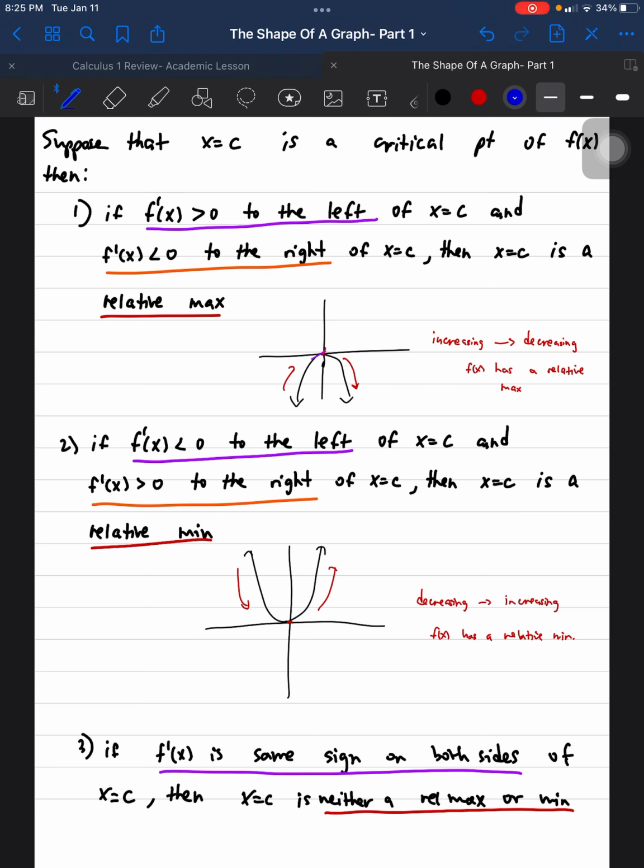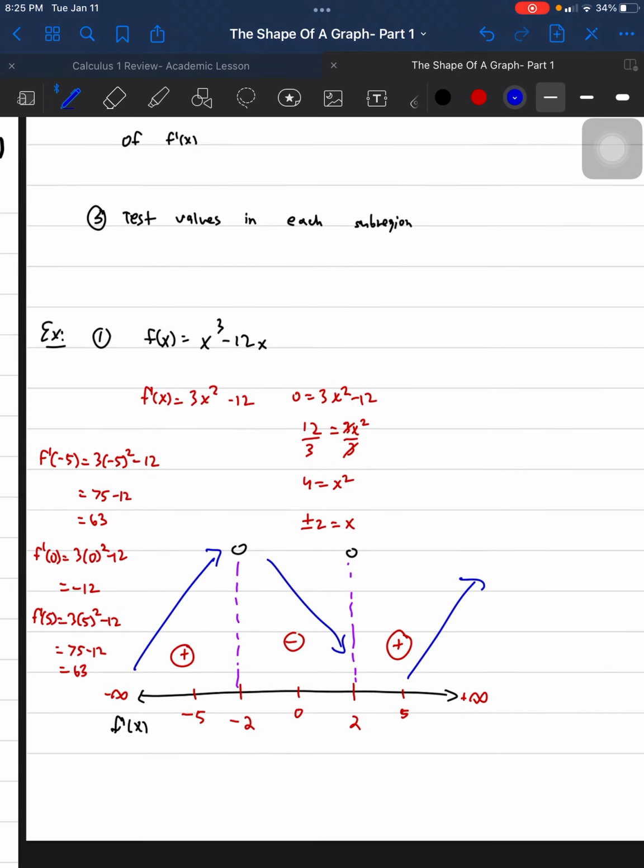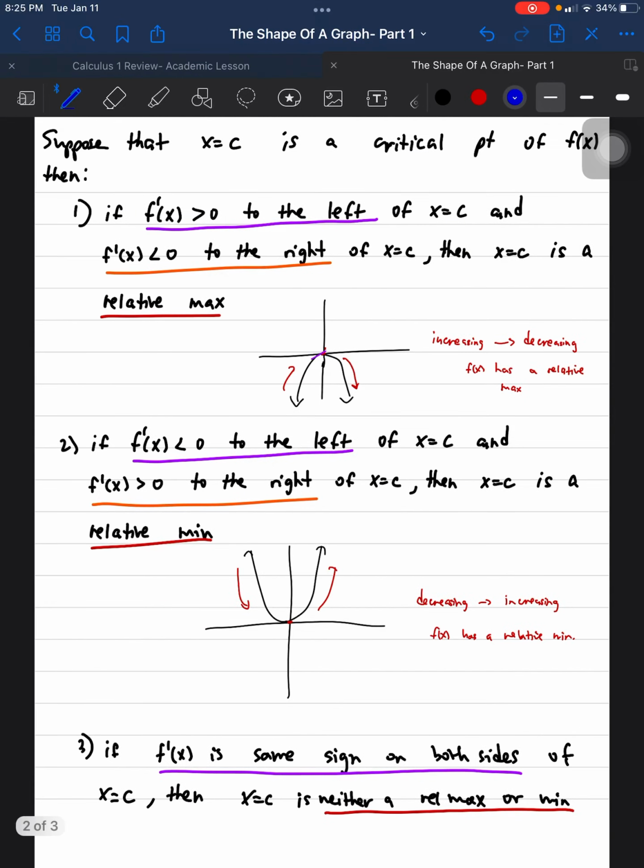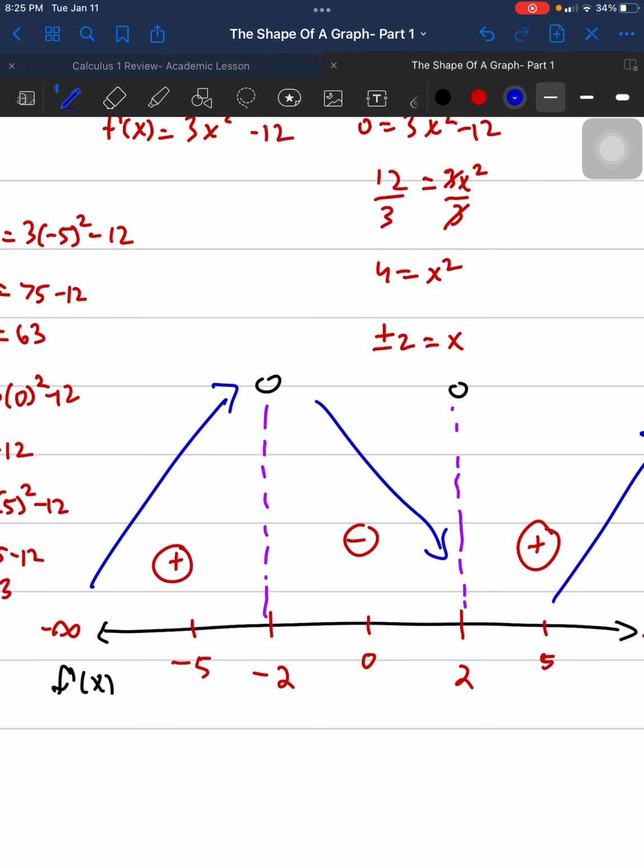Using the first derivative test, the statements we had before say that if the derivative is positive to the left of the critical point and negative to the right of the critical point, then that critical point is a relative maximum. Do you see that?